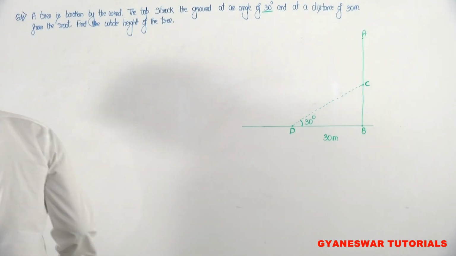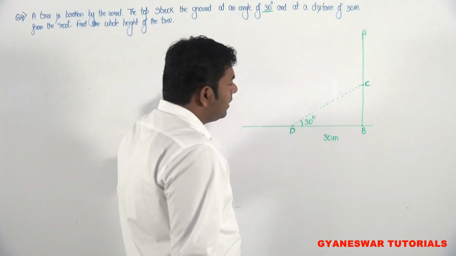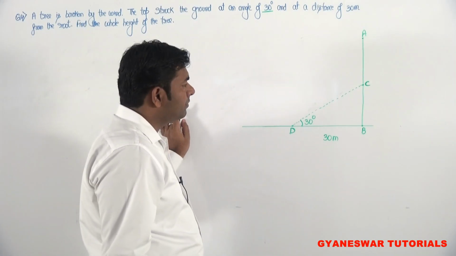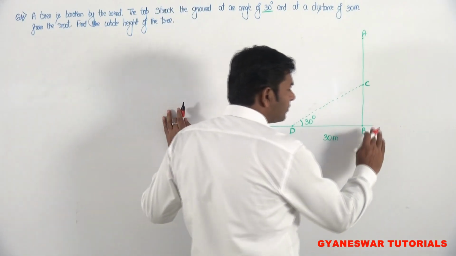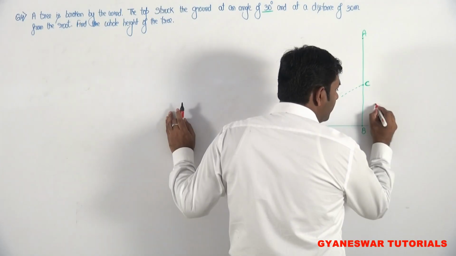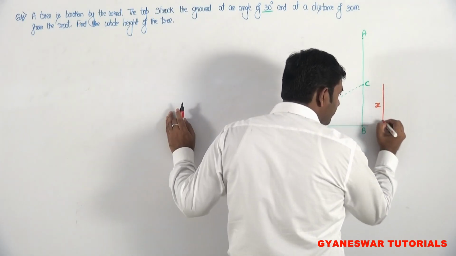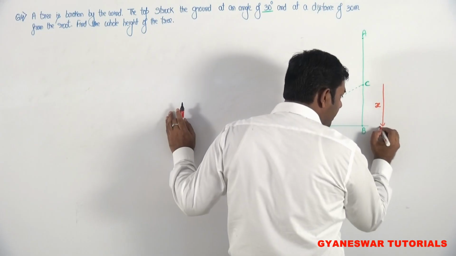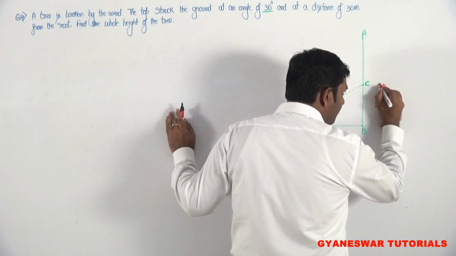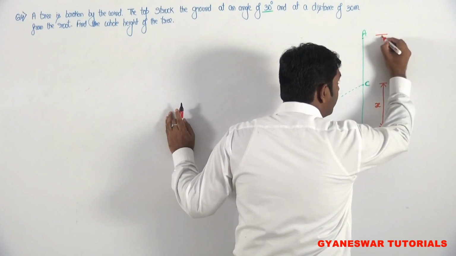So, first of all, let us assume x is the lower part of the tree, which is not broken, and y is the upper part of the tree, which is broken.